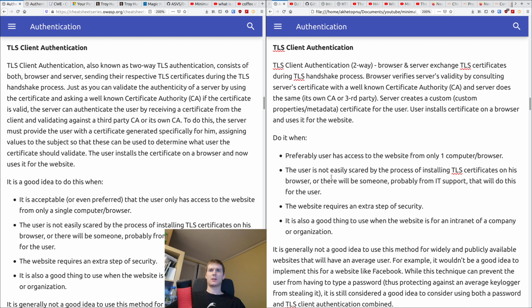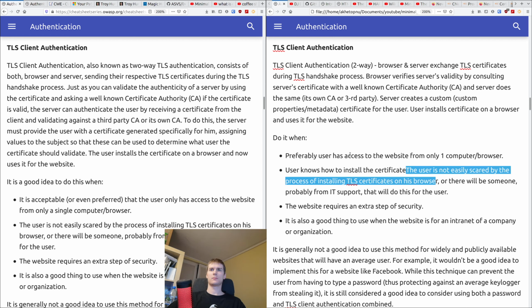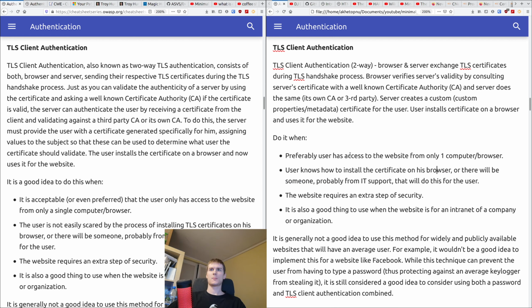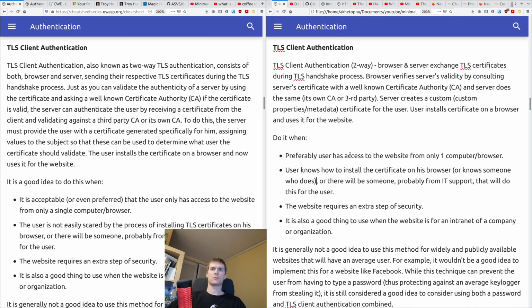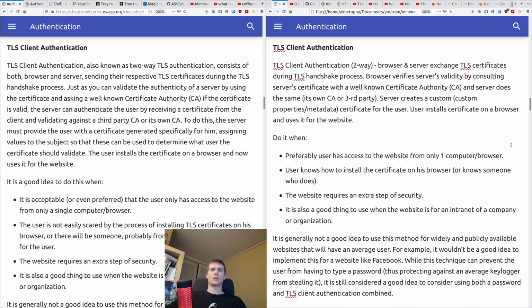The user is not easily scared by the process of installing TLS certificates, or there will be someone to help. The website requires an extra step of security. It is also a good thing to use when the website is for an intranet of a company or organization.